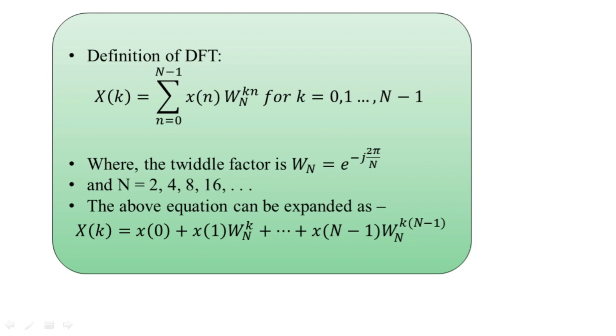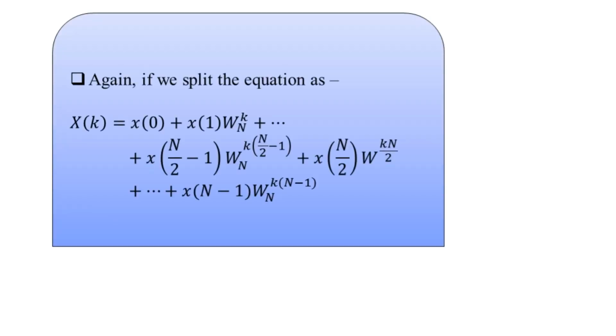Now upon splitting this expanded form into three parts, we can express capital X of k by this equation. First of all we mention x of 0 added to x of 1 multiplied by W suffix N and the power k.